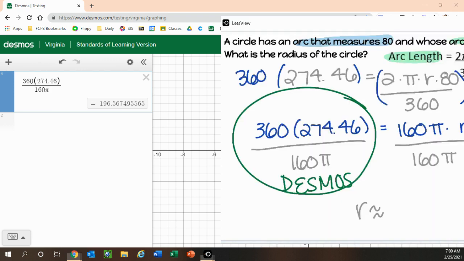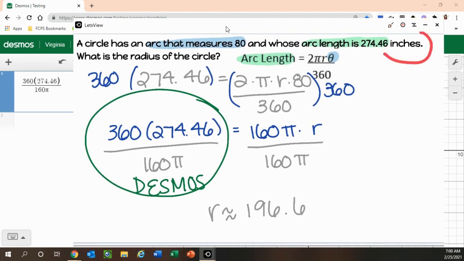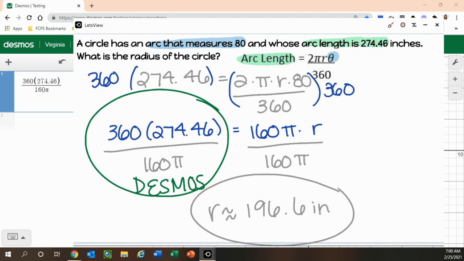This is telling us that our radius is approximately 196.6. And if you look at the original problem, it gave us our unit, inches. So approximately 196.6 inches. Hopefully this helped with arc length.